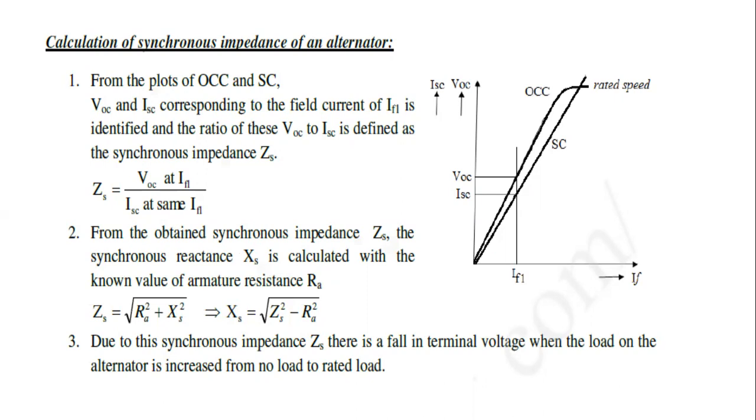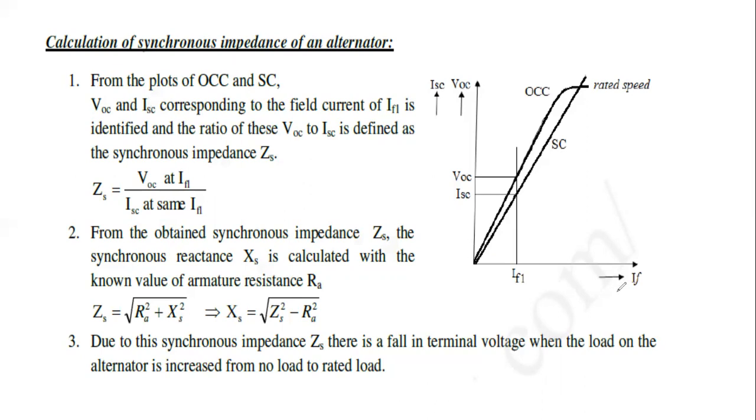After that, with the circuit open, we note down the readings of the voltmeter and ammeter, that is the field current and the no load voltage, VOC.